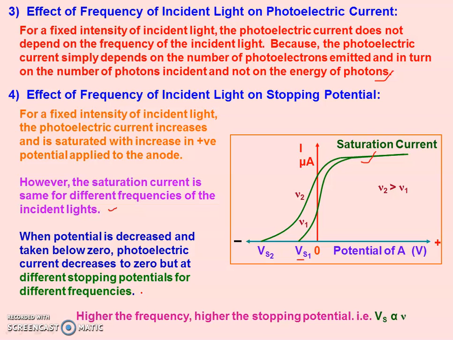Higher the frequency, higher will be the stopping potential. The reason is the energy of the photon increases, which means the kinetic energy also increases. To stop that electron with higher kinetic energy, we have to apply a higher retarding potential, right?